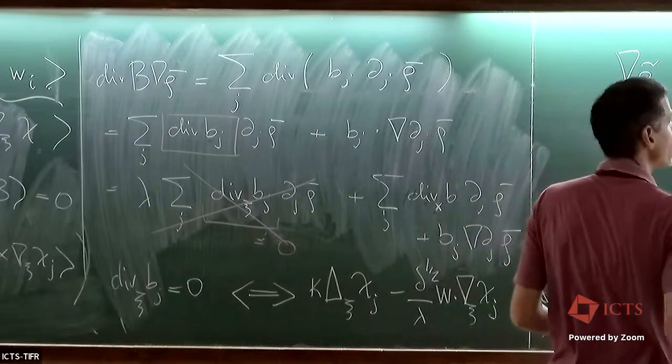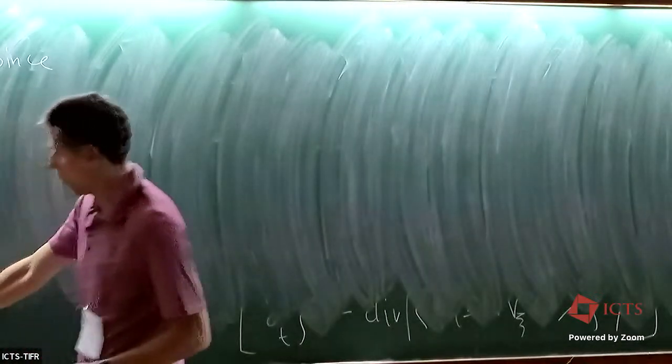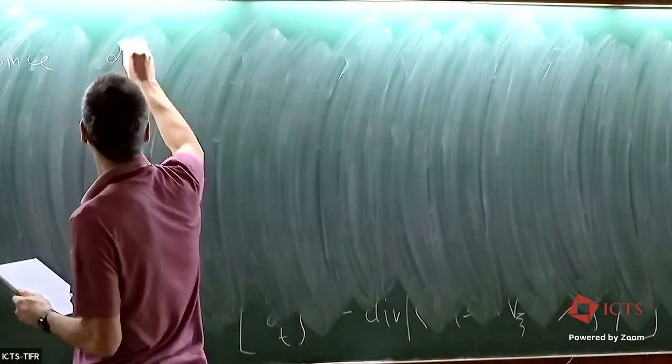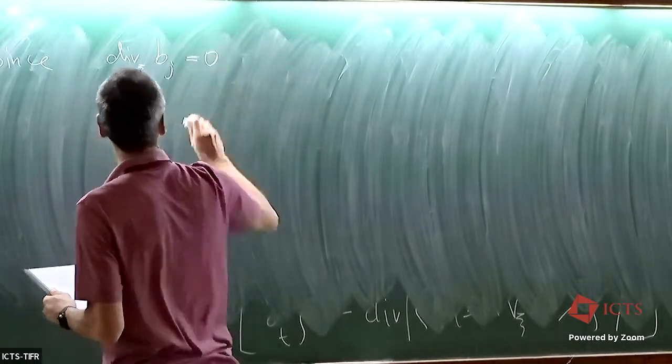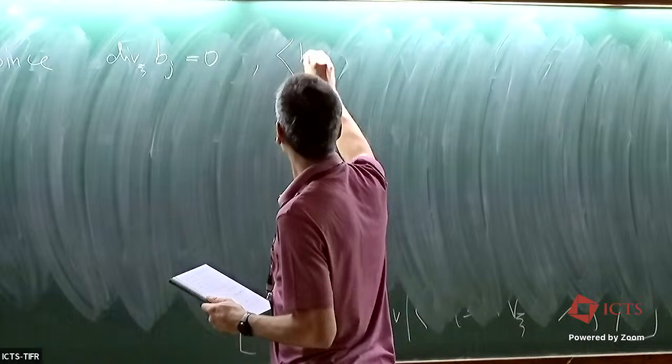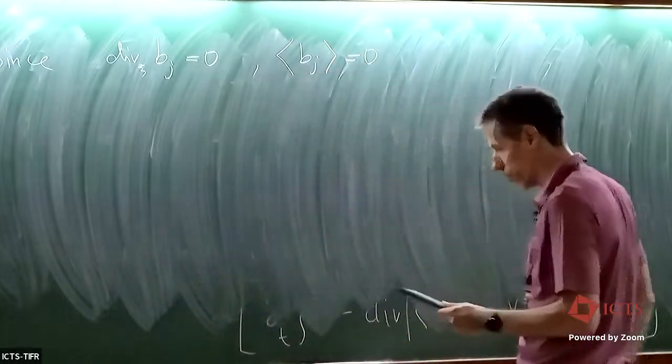So since now having this choice of chi, which is the solution of the cell problem, now I have divergence in the psi variable of Bj equal to 0, and its average is also 0. It's a periodic function in psi.